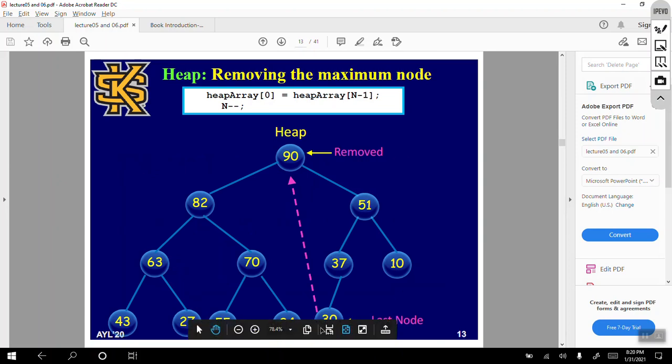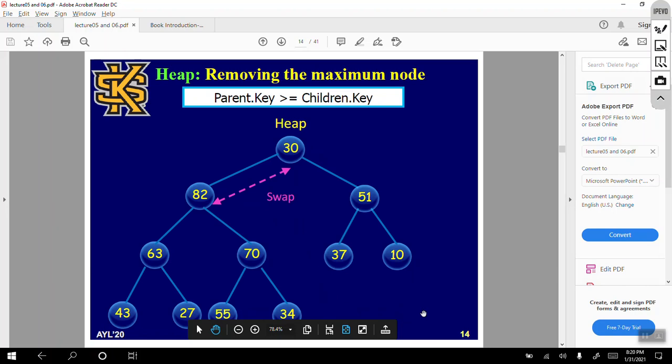It shows that the last element is moved over here, this element was removed, then the last element is moved over here. Now the last element definitely will not be the largest element, right?